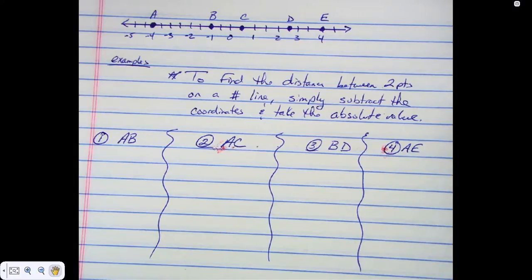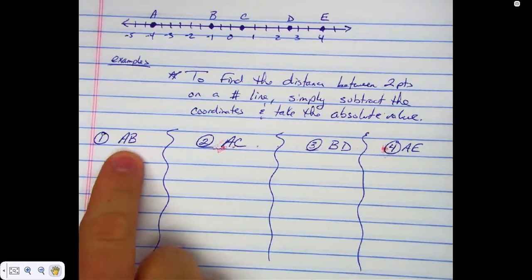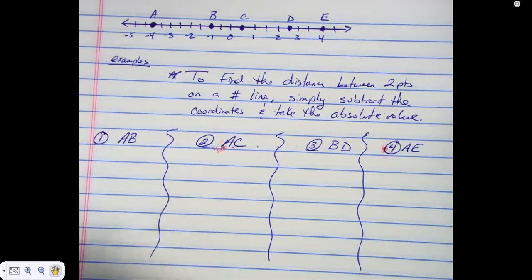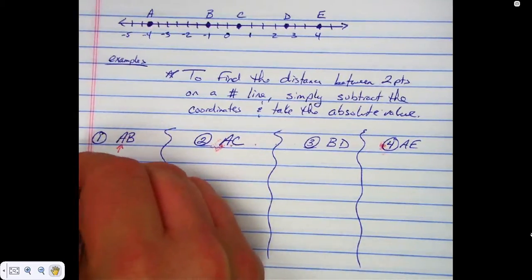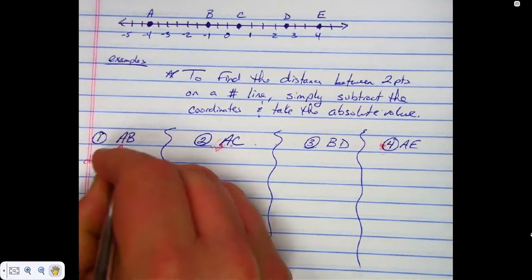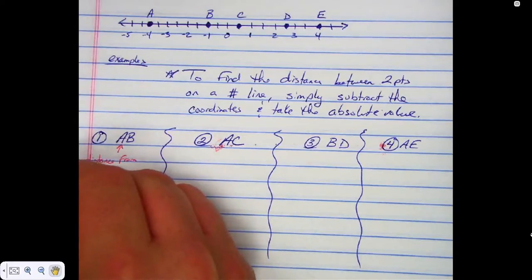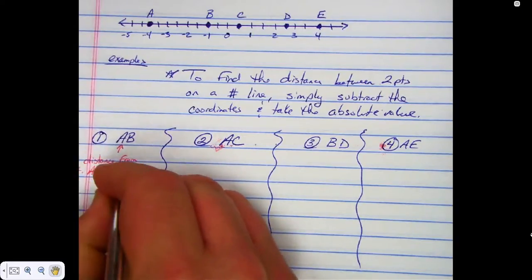This is why. Anytime you put 2 points beside each other without anything above it, see how I have AB? That's not talking about the segment A to B. When I don't put anything above it, I'm saying this means the distance from point A to point B. When I don't write anything above it, that's what that means.